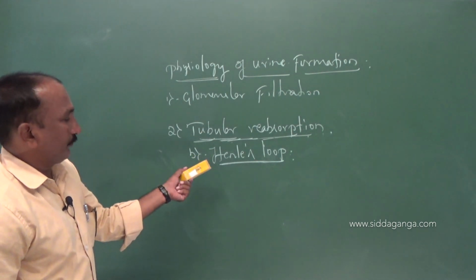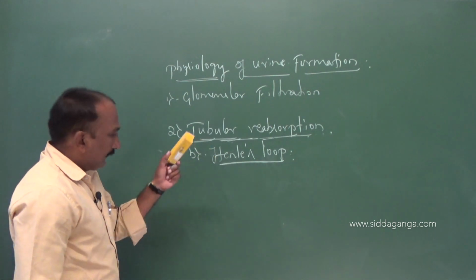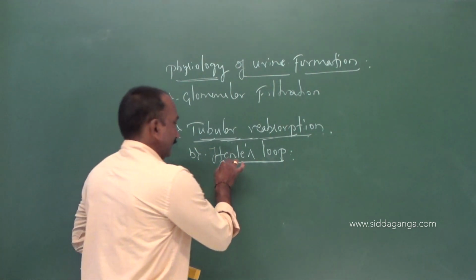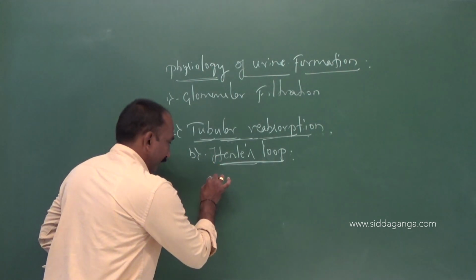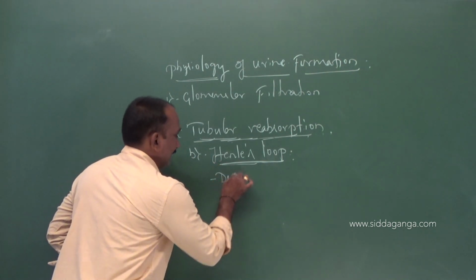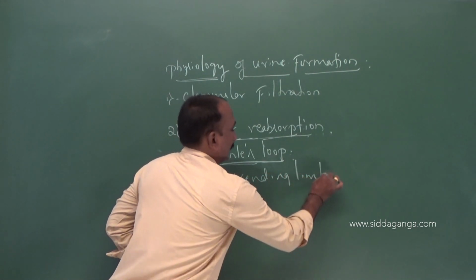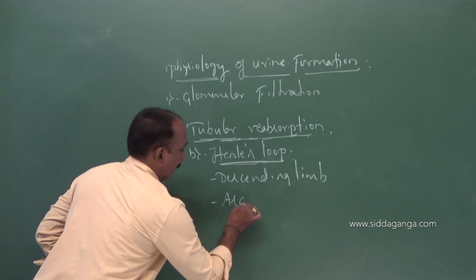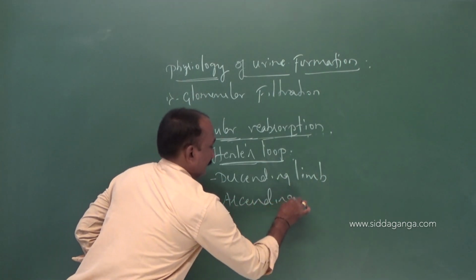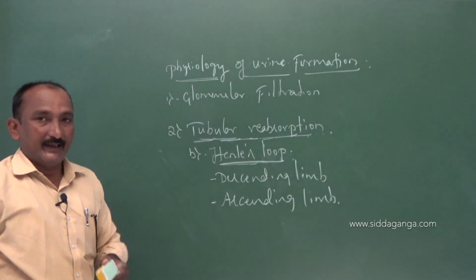That hairpin-like structure present just below the proximal convoluted tubule is called the loop of Henle. It is differentiated into the descending limb and the ascending limb.